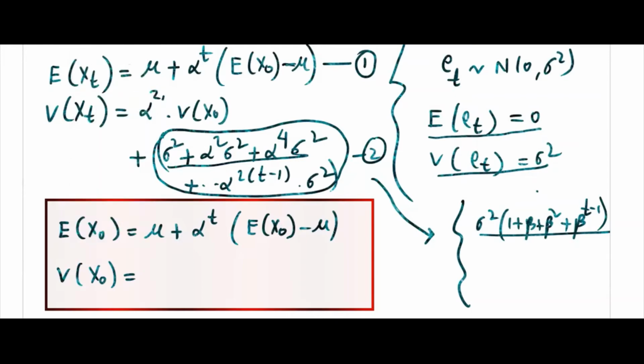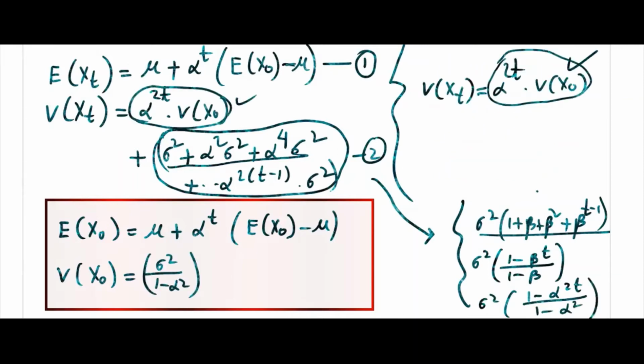So let me write 2t, and because there is an expression after that, sigma squared, if you add all these, 1 plus beta up to beta^{t-1}, it will be (1 minus beta^t) divided by (1 minus beta). And writing alpha squared for beta, it is (1 minus alpha^{2t}) divided by (1 minus alpha squared), this way. So this is the first term of the variance of x_t, the first term I have written. Okay, plus here the second one, this one we found here.